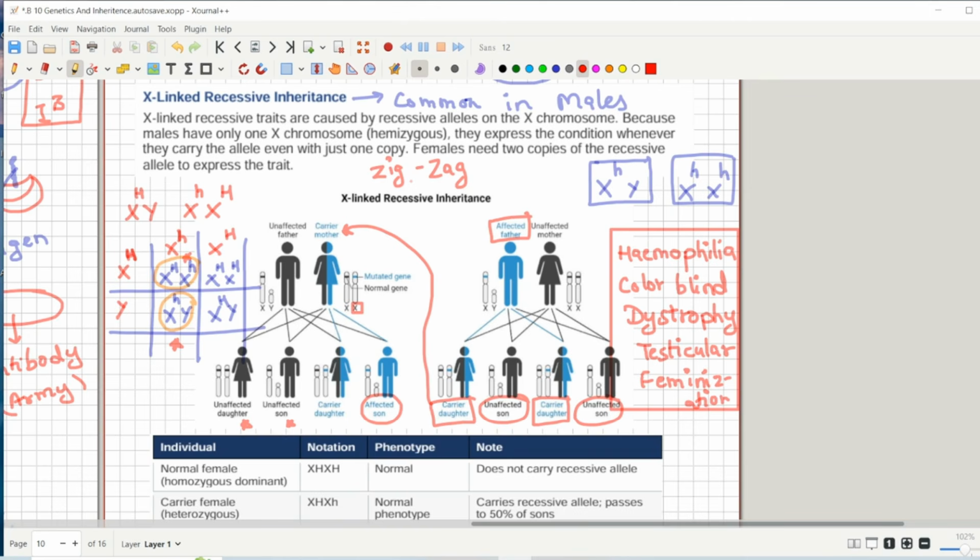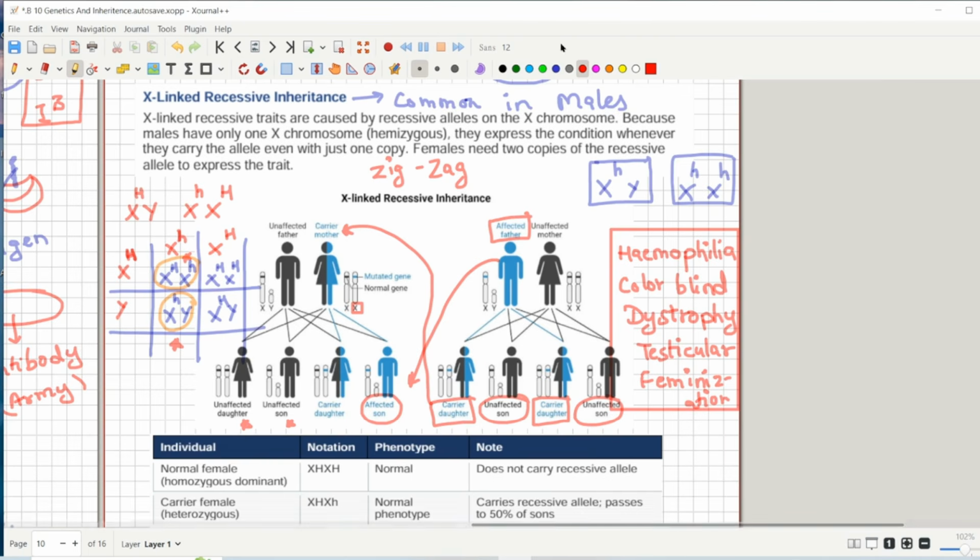So you can say that X-linked recessive traits are transferred from grandfather to grandson, not directly from father to son. It is a zigzag manner of inheritance, and that is a really important concept that you have to know: X-linked recessive traits travel in a zigzag manner in the family history.